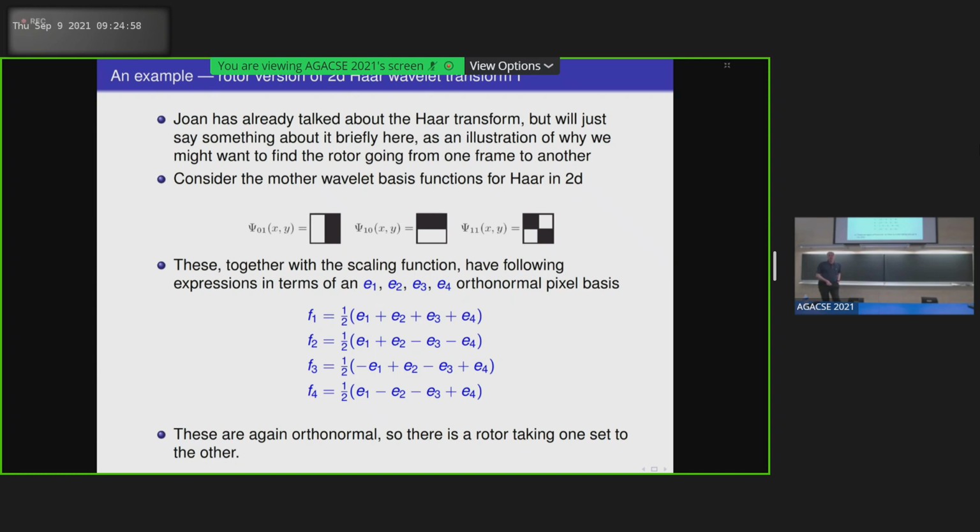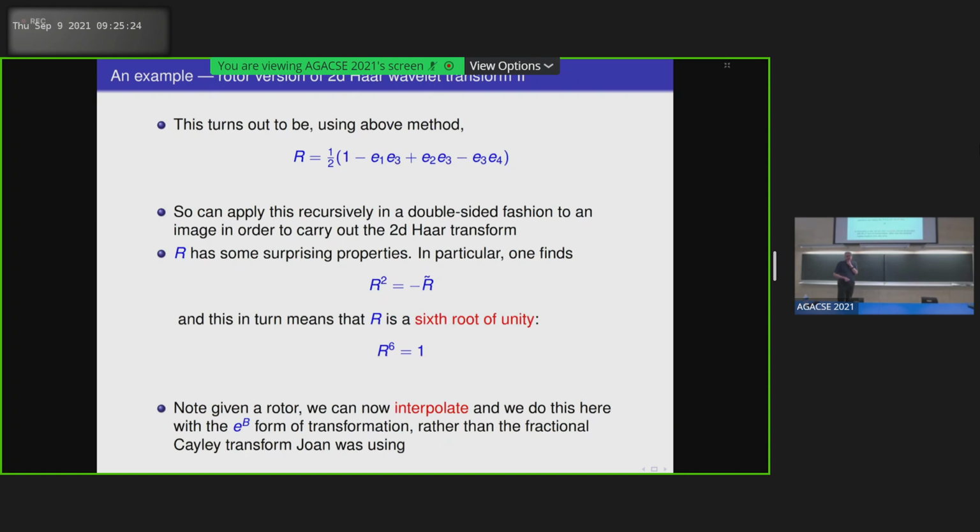We're going from, I define it like this, an e1, e2, e3, e4, which you can think of as an orthonormal pixel basis, to this set of functions here. The first one's just the scaling function, so everything's plus, and then here the f2 through f4 are relating to these patterns. Now, these are orthonormal, so there's a rotor taking one set to another, and here is the rotor using the above method.